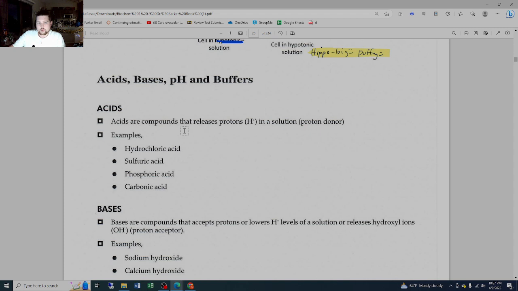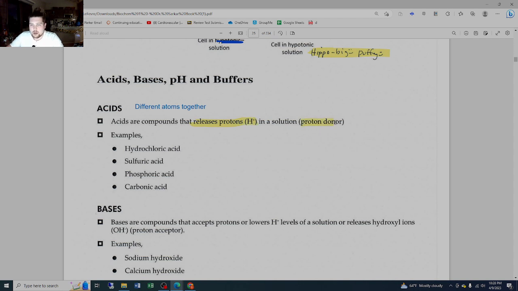So for our purpose, we're going to look at it this way: acids are compounds. So compounds, take a minute to think what a compound is. That is different atoms together, right? That releases protons. That's the big idea right here. Releases protons in a solution.